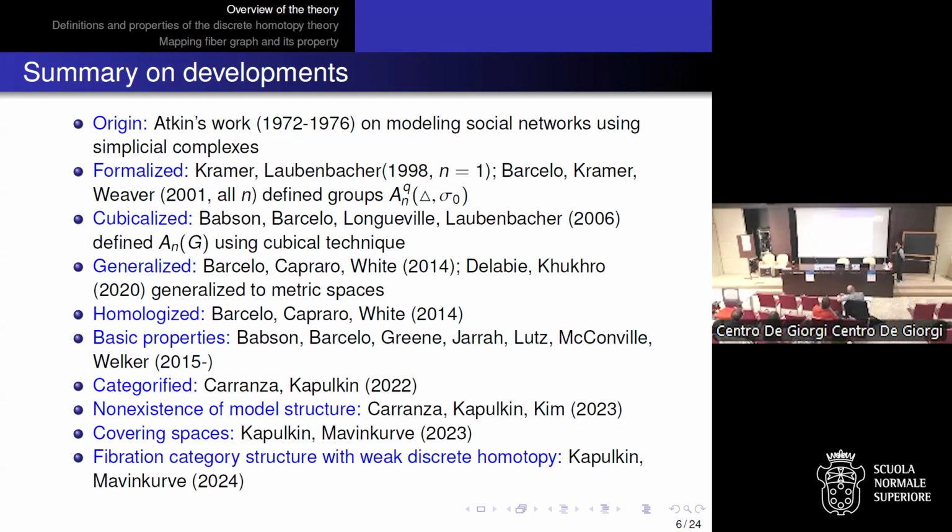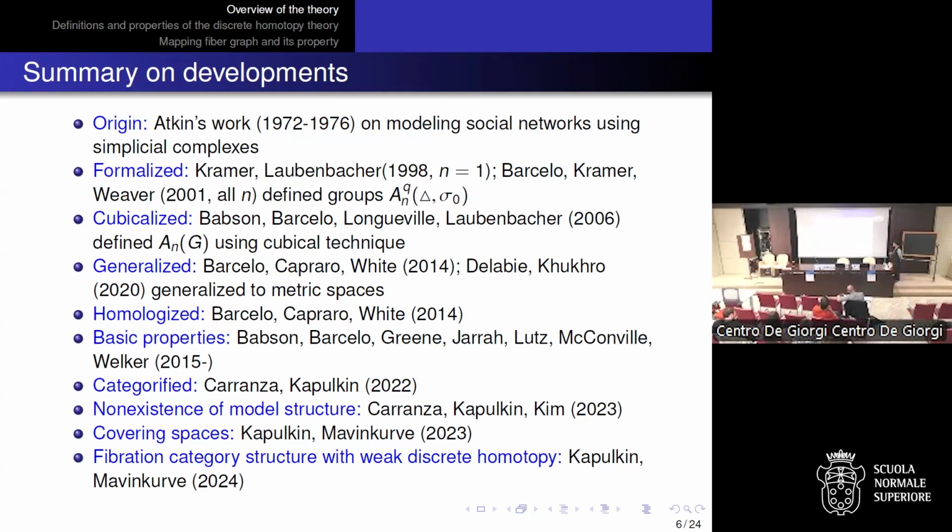And there's also an analogous homology theory. So here, not discrete homotopy, but discrete homology theory was also defined this year. Then Babson, Barcelo et al. studied some basic properties of the discrete homology or discrete homotopy groups.